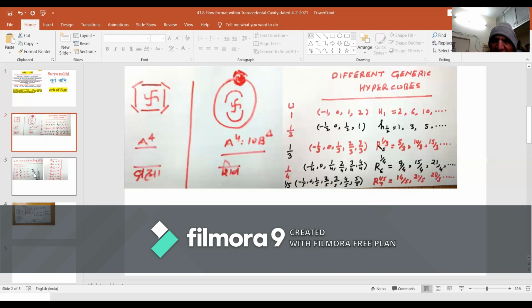Therefore, this range of 7 steps will be of value minus 1 over 5, 0, 1 over 5, 2 over 5, 3 over 5, 4 over 5, of summation value 14 over 5. The first member 14 over 5 leads to the member 21 over 5, then followed by 28 over 5, and so on. This way, we have seen that within creators of space, the whole range of distinct generic hypercube series are manifesting.